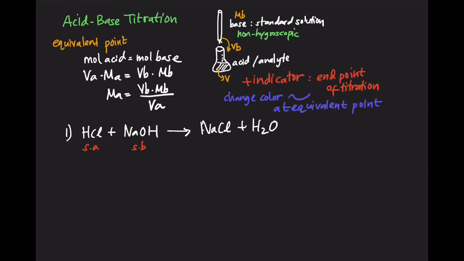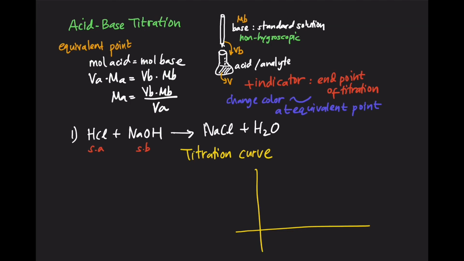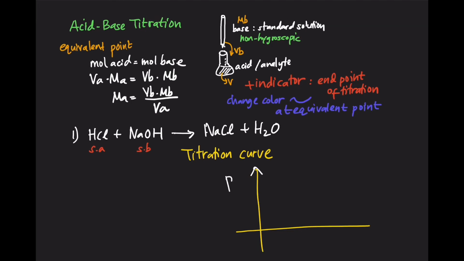Now, with every titration, normally we will obtain something called the titration curve. In this HCl and NaOH titration, we will get something that looks similar to this. The y-axis is the pH of the solution, and the x-axis is the volume of the NaOH that we add to the HCl system.